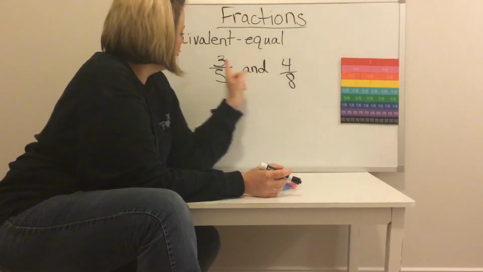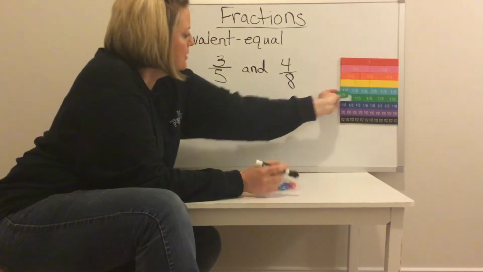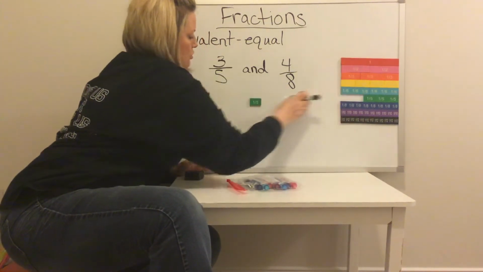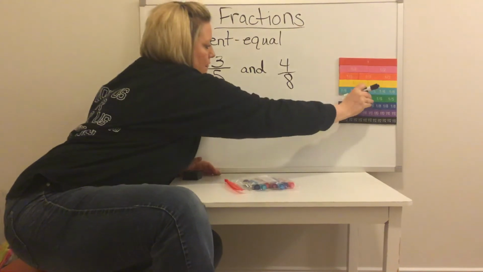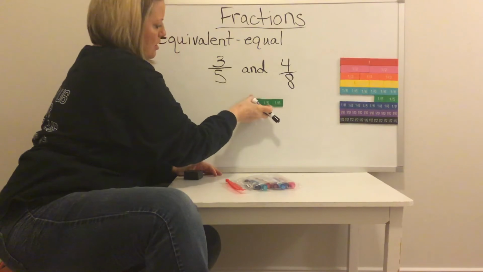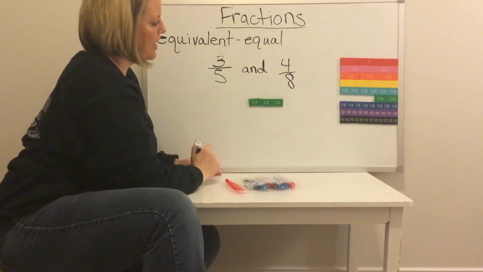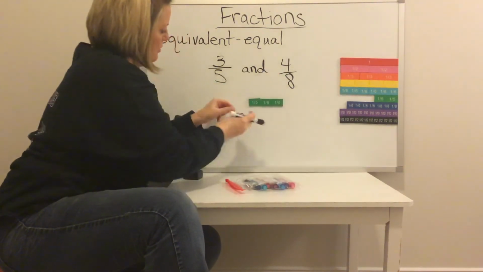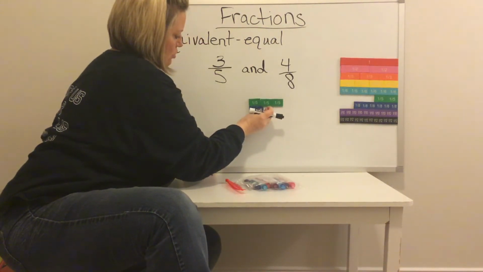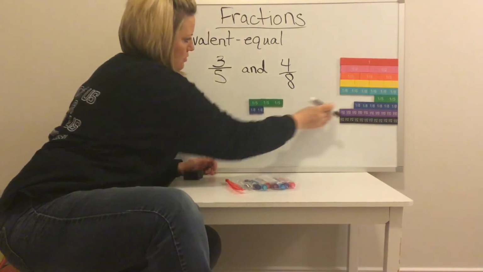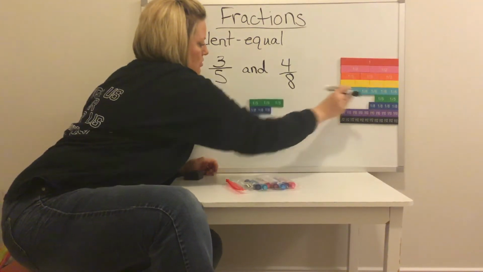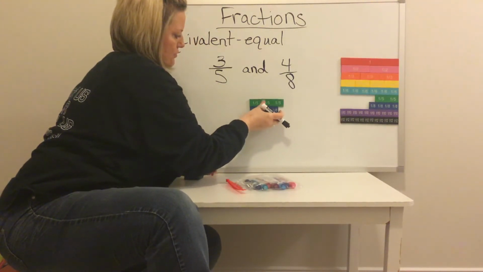So I'm going to take 3 1/5 pieces. All right, 1/5, 2/5, 3/5, and then I'm going to pull 4 1/8 pieces. 1/8, 2/8, 3/8, and 4/8.